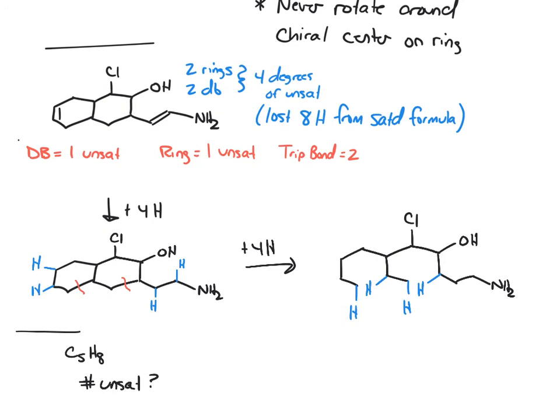But essentially, you know how to figure out a saturated formula. You do CnH2n plus 2. So for 5 carbons, we have C5H(2 times 5 plus 2), C5H12, would be the saturated formula.